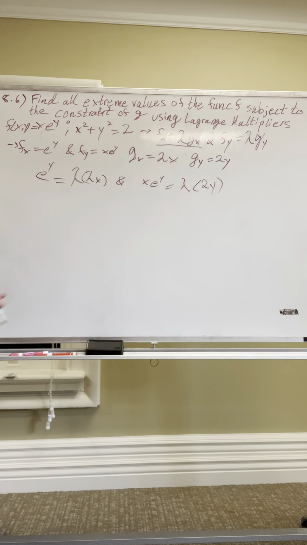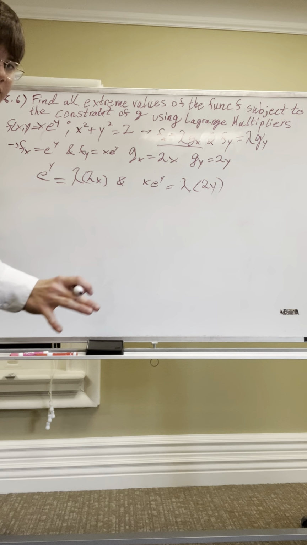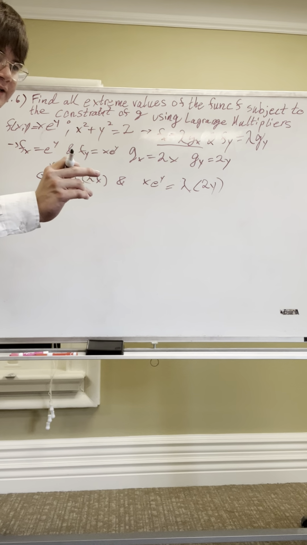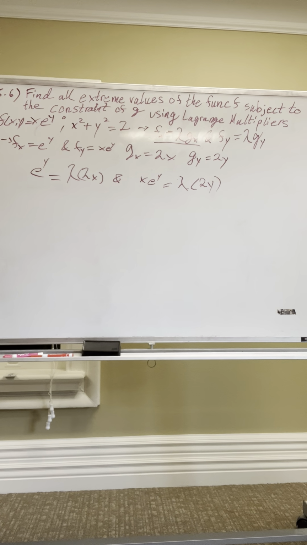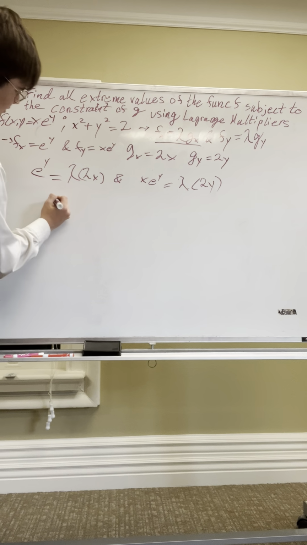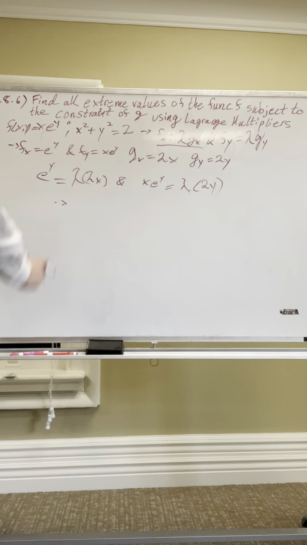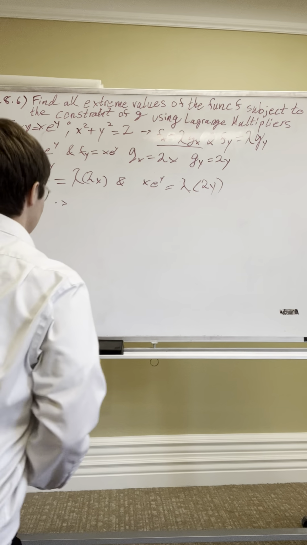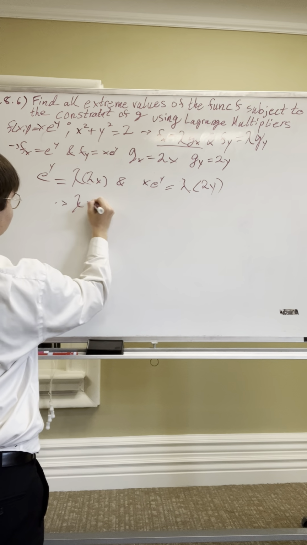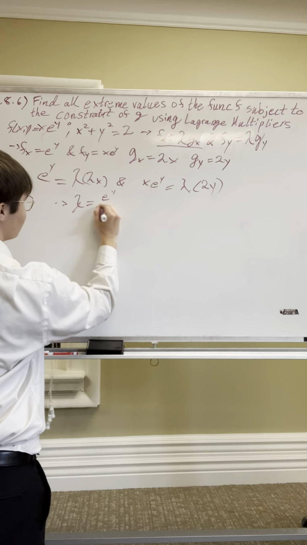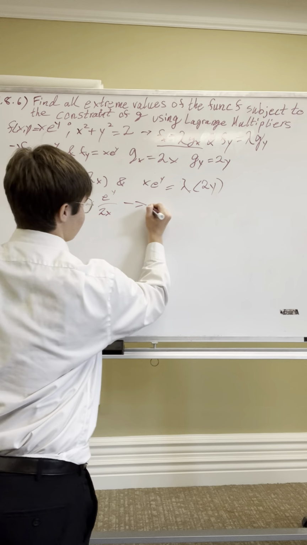This is correct, but now we are not going to find lambda, we're going to try and eliminate lambda, is essentially what we're doing. So we know that, we'll use this equation, e to the y equals lambda times 2x. We could just say lambda equals e to the y over 2x. And we plug that in.